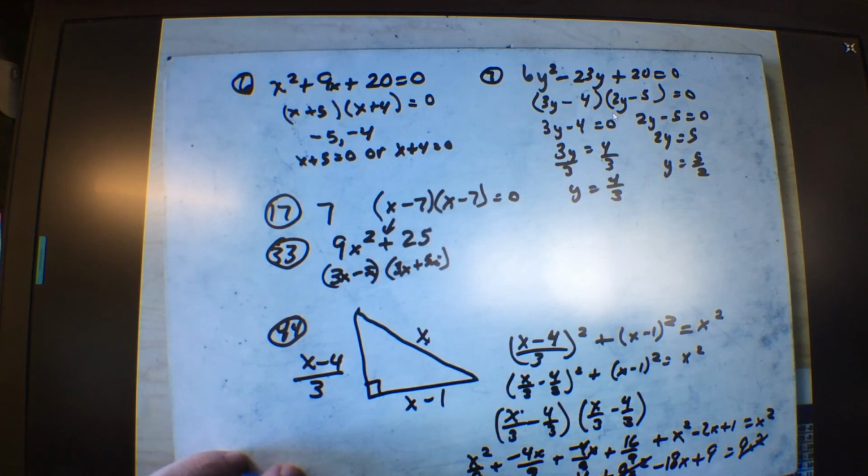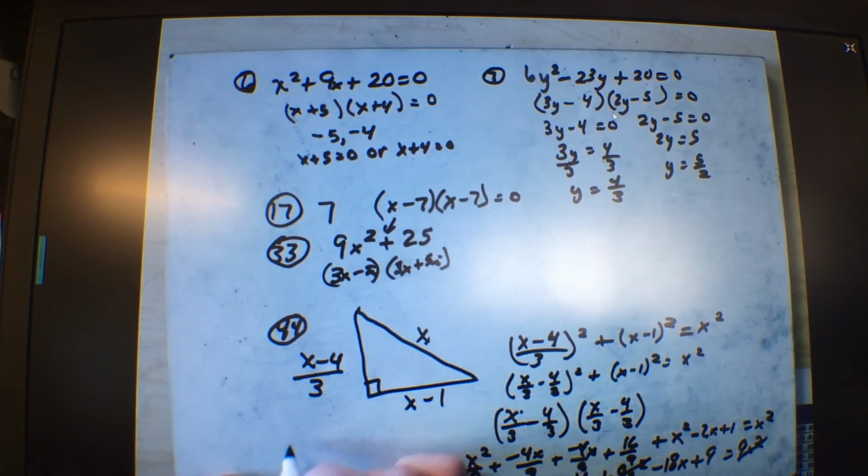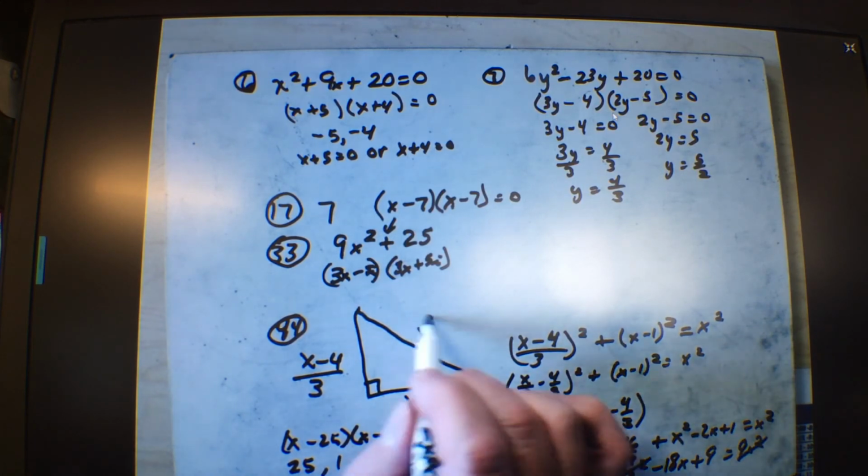How do you factor that? Set up your two parentheses. So it'd be (x minus 25)(x minus 1) equals 0. So my possible answers for x are 25 and 1. Okay, so x is your hypotenuse.